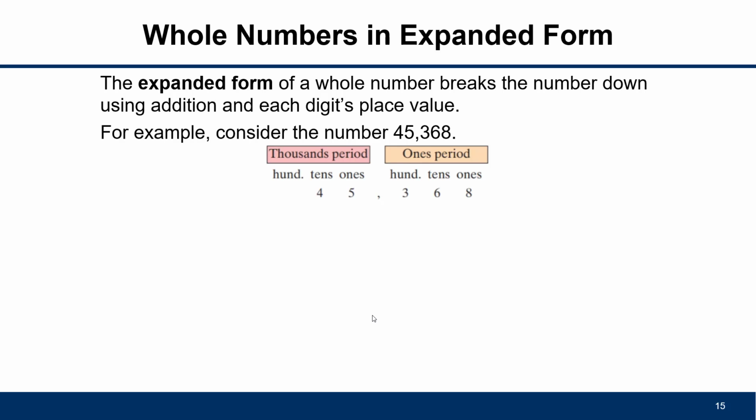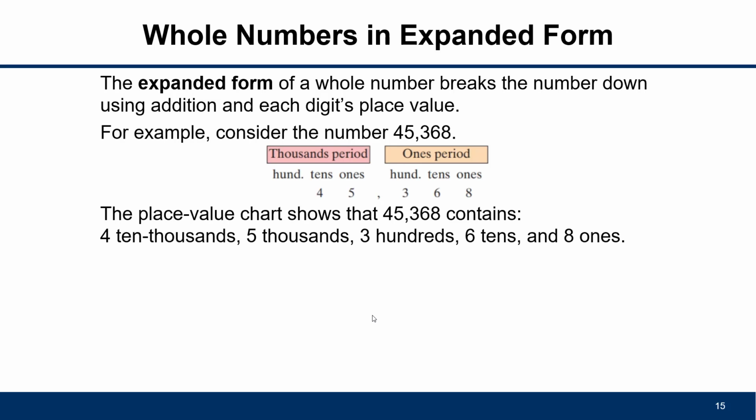The 45 in the thousands period, the 368 in the ones period, and we can see that the 4 represents 4 10,000s. The 5 represents 5,000s. The 3 represents 300s. The 6 represents 6 10s. And then the 8 just represents 8 ones.